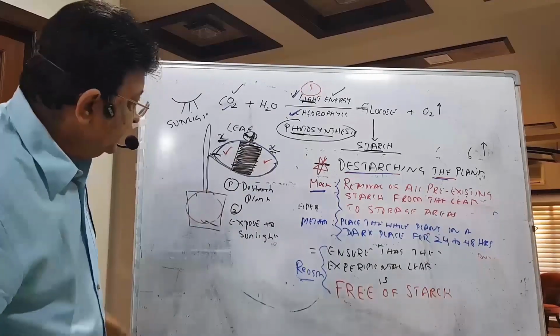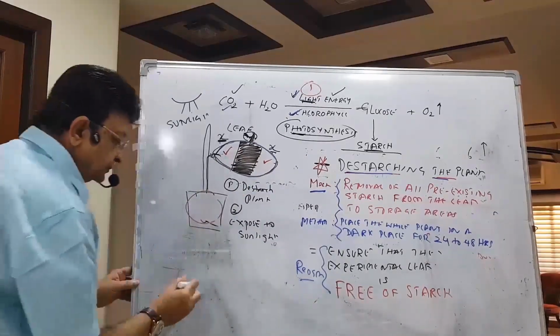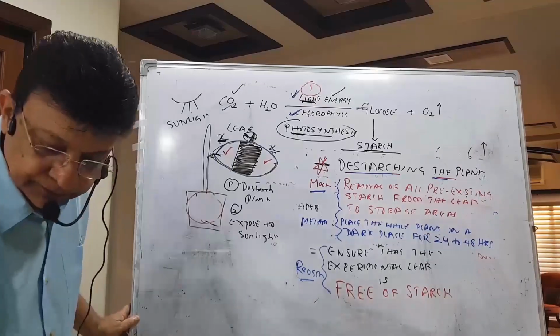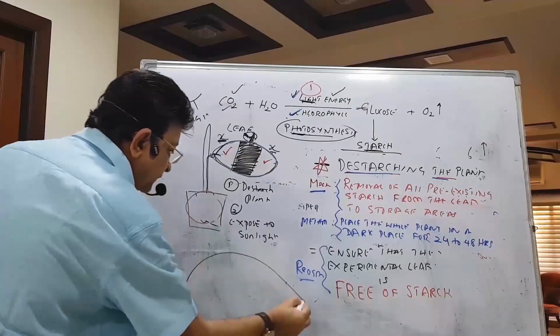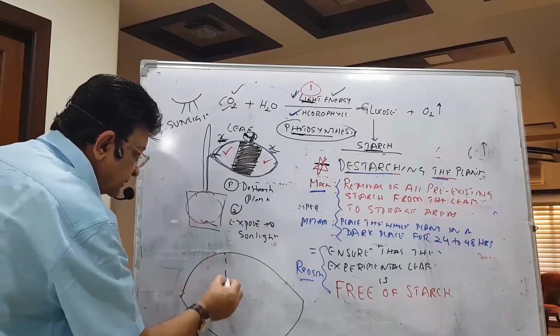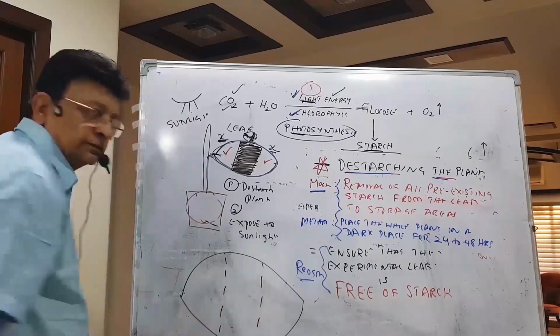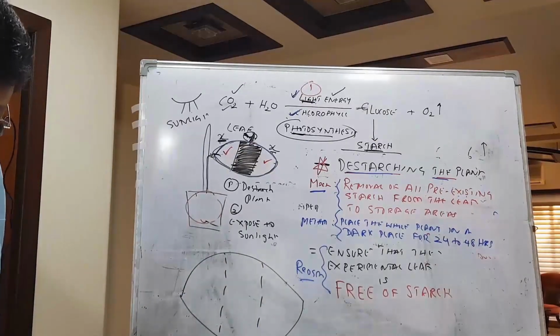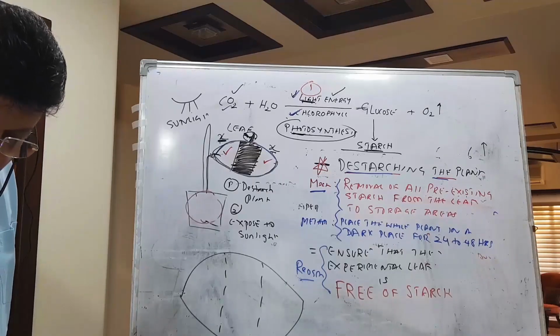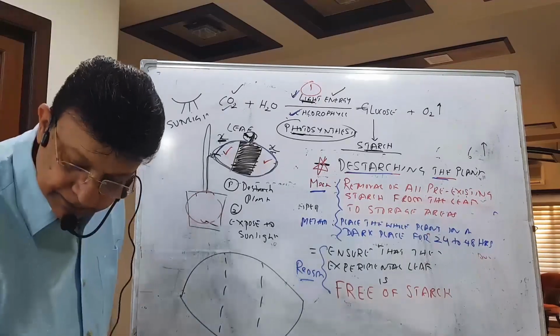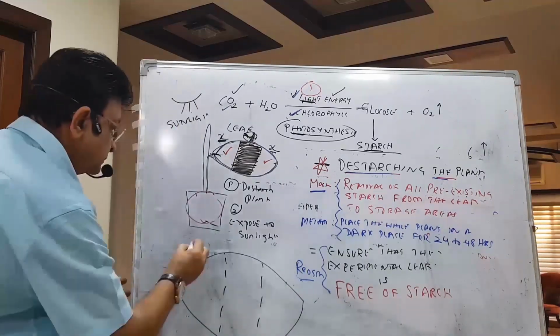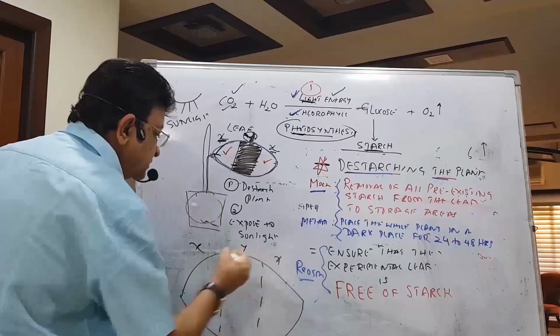The Y. Now at the end of the experiment, pay attention. I now break the leaf and mark the areas. I already know this area is X, this area is X and this is Y.